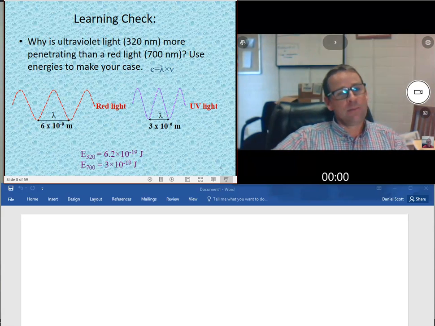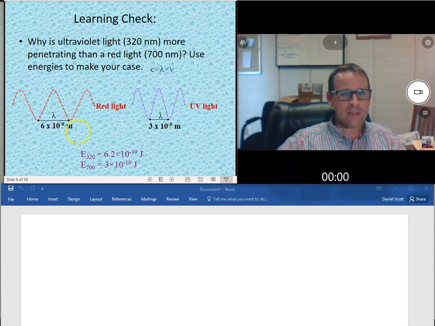Different wavelengths, right? We talked about how wavelength, and this is this equation here, wavelength and frequency, the product of the wave's length and its frequency, how frequently it goes up and down, right, is the speed of electromagnetic energy, or the speed of light.